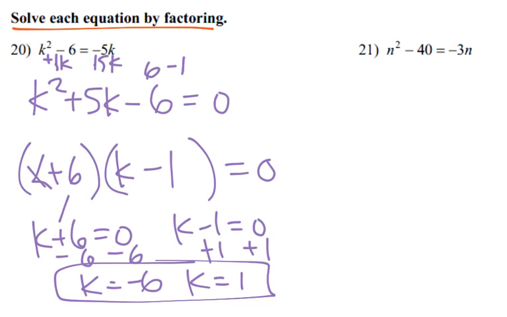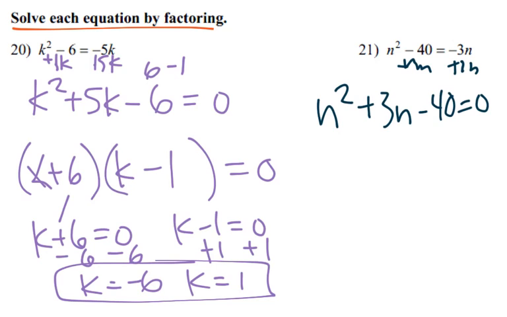Okay, on that last one, number 21, same idea, add 3n. We get n squared plus 3n minus 40 equals 0. Okay, factors of 40 that would add up to positive 3. Well, 40 is 4 and 10, nope. 2 and 20, no. 5 and 8, yeah, if the 5 is negative.